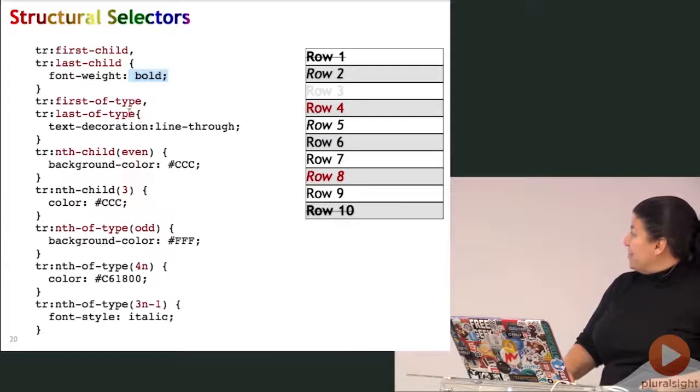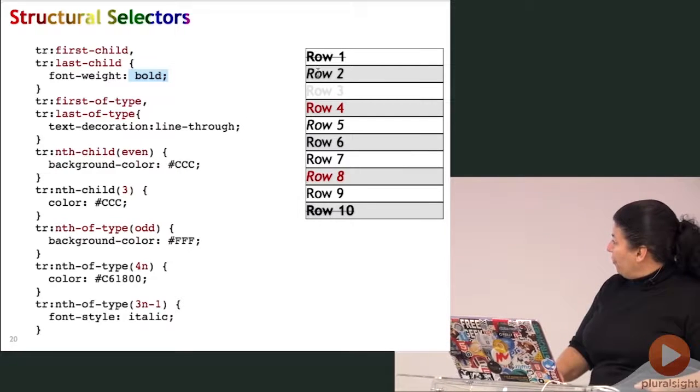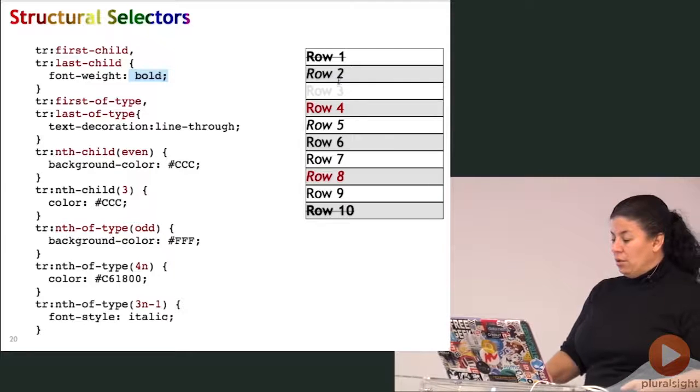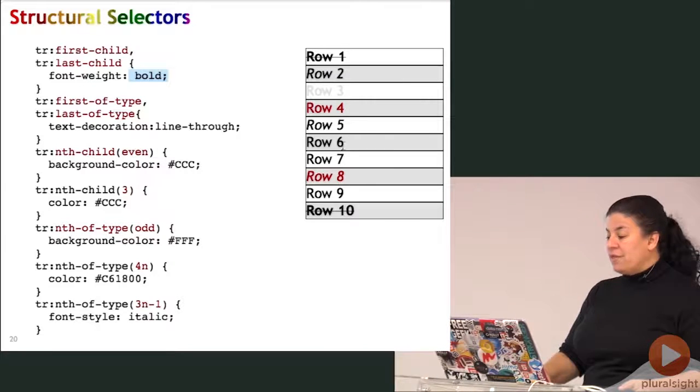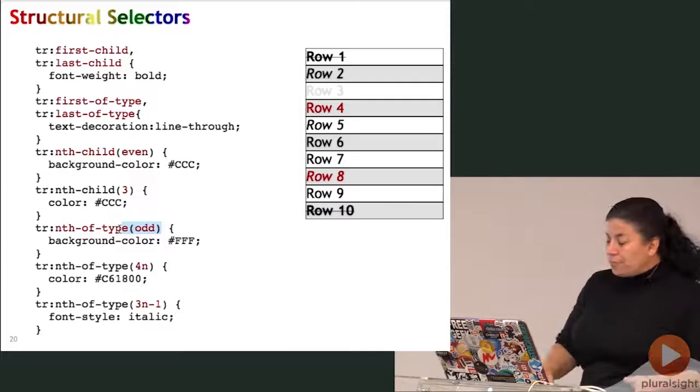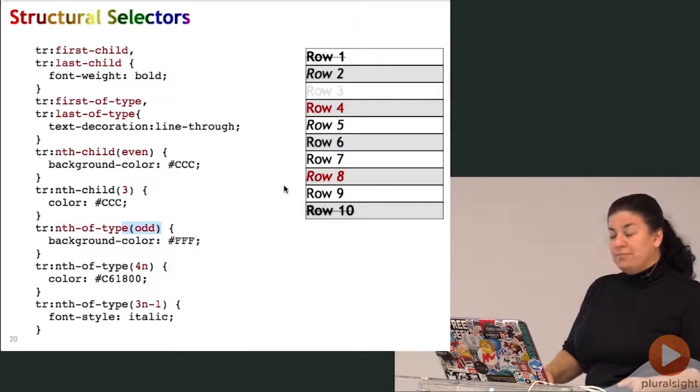First of type, last of type, you get the same thing with the line through 1 and 10. Nth-child even has a background color of gray, and as you can see, all the even ones, number 2, 4, 6, 8, and 10 are indeed gray. And then odd, the odd ones are white.